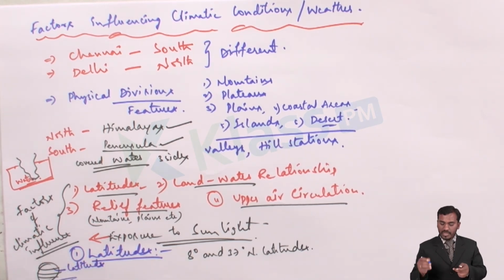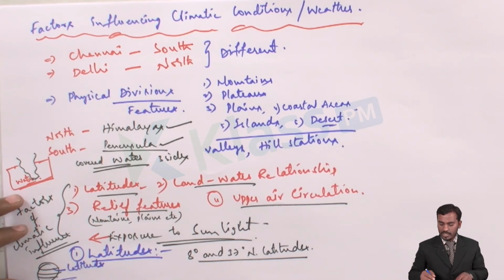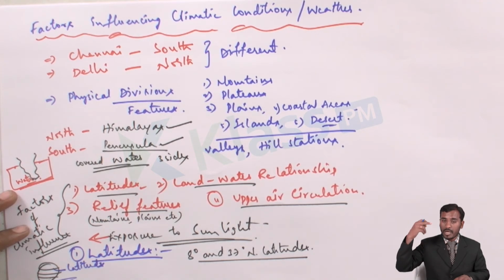So India lies between 8 degrees and 37 degrees north latitudes. Everyone knows that the equator passes through the center of the earth's surface. Which hemisphere does India lie in, northern or southern? The equator passes below our India, not above it.